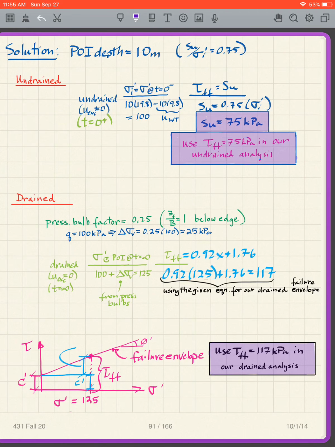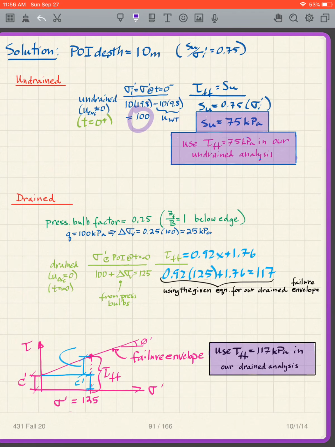That is simply, there's no building there. So we go 10 times 19.8 minus 10 times 9.8. If you look at that, you can go back to the location where we showed the soil profile, and we get 100 for our sigma prime i.